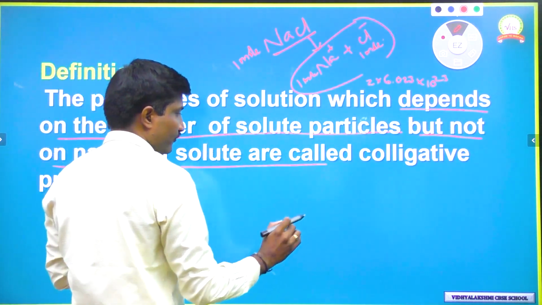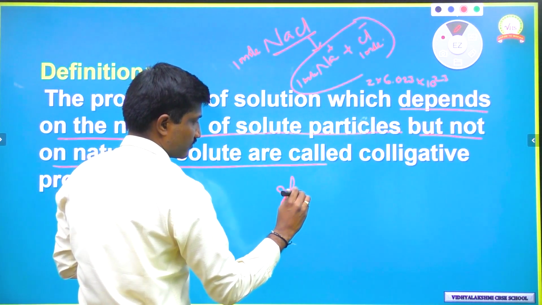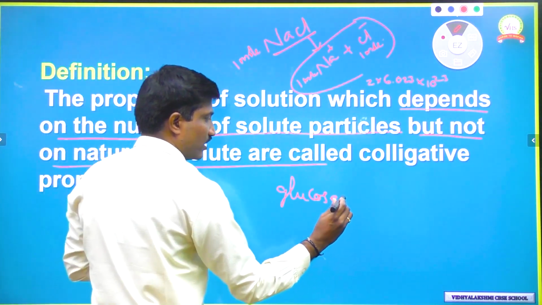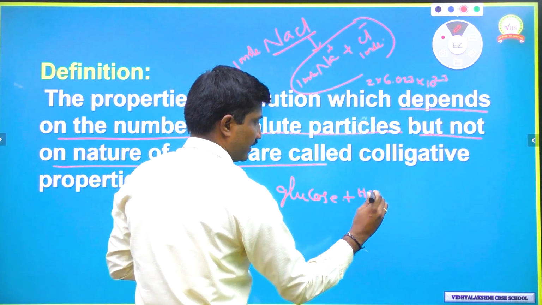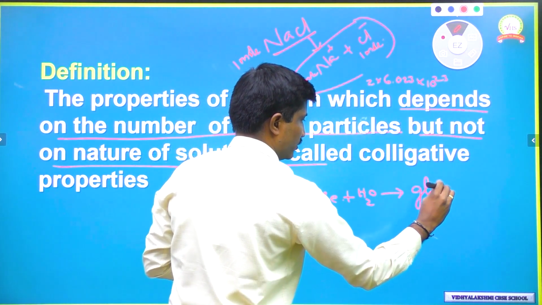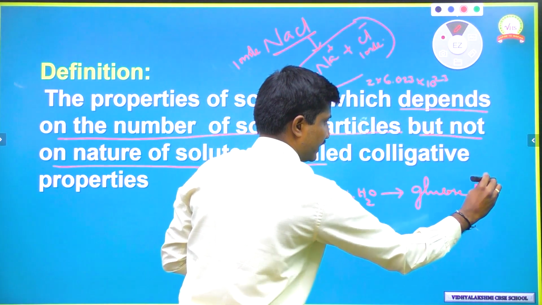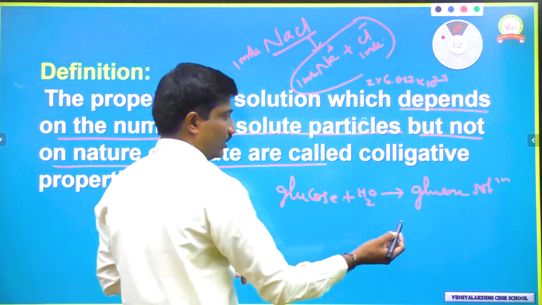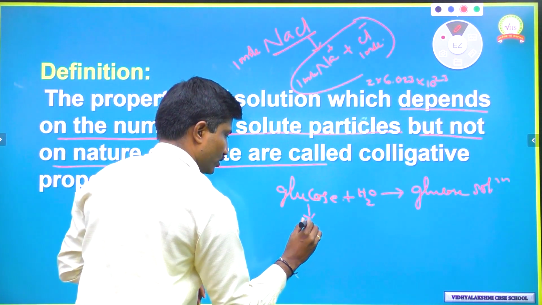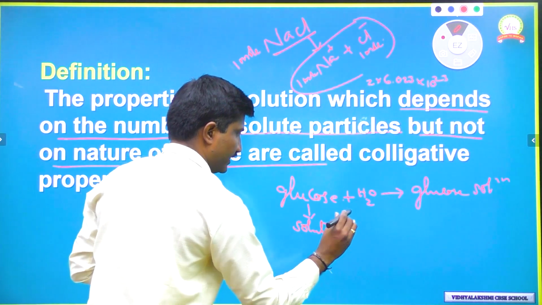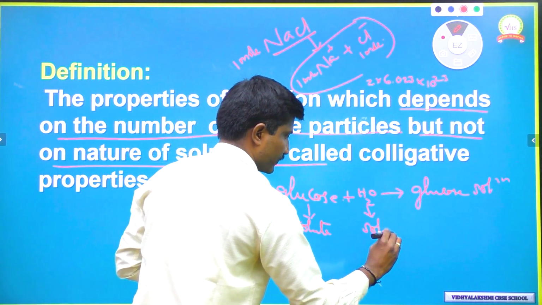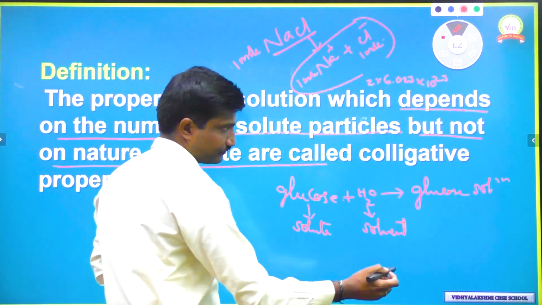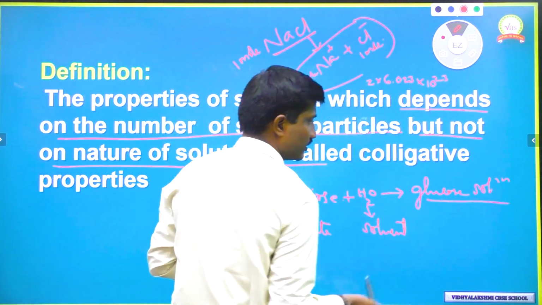Okay, and if you take glucose and dissolve it in water, we obtain a glucose solution. That obtained mixture we call glucose solution. In this glucose solution, glucose is the solute and water is the solvent.